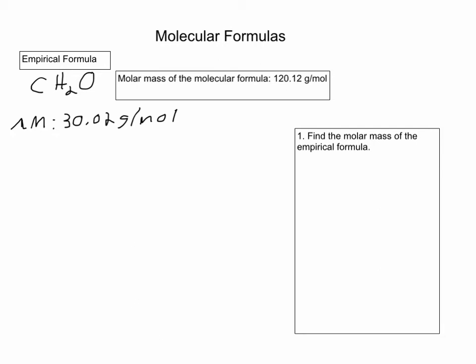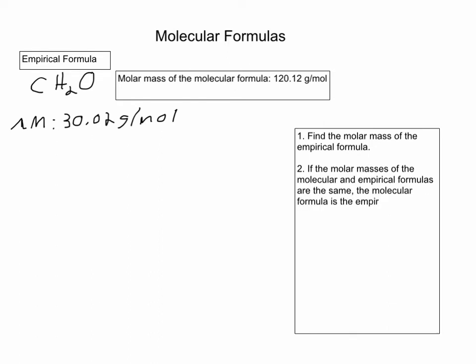So step 2 is going to have two parts. First, if the molar masses of the molecular and empirical formulas are the same, the molecular formula is the empirical formula.